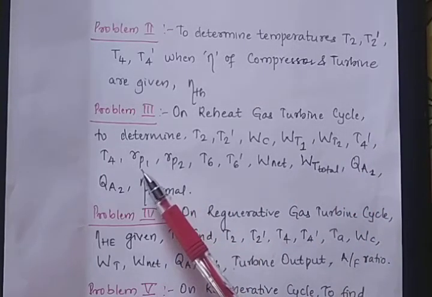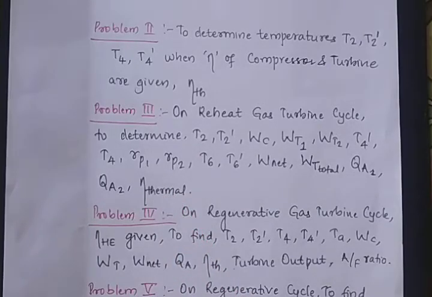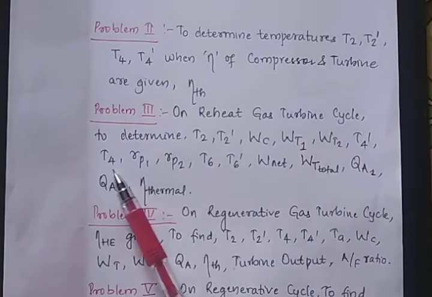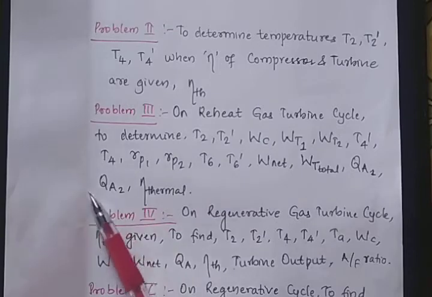Along with that, we had to find out the expansion ratio, that is RP1, RP2, then T6, T6 dash, net work done, total work, and then the heat added due to reheat, and then thermal efficiency.